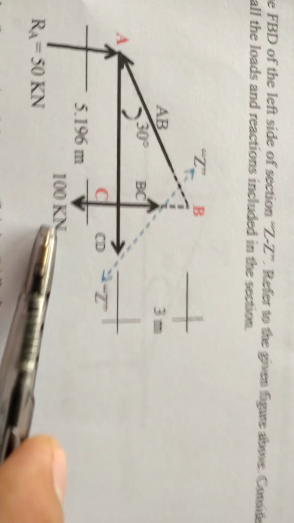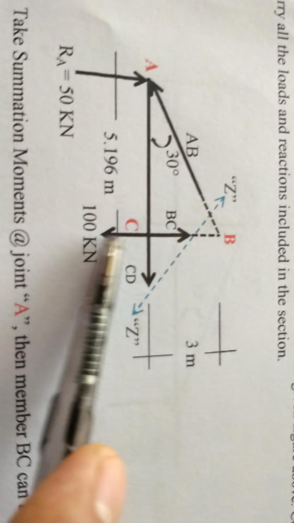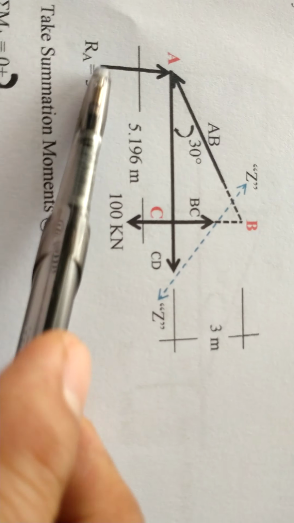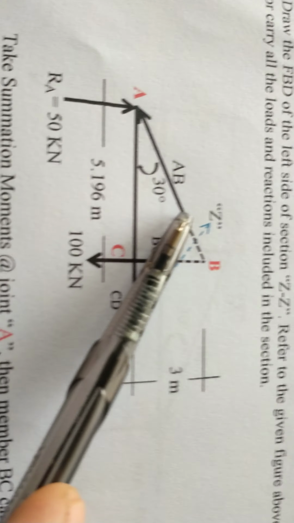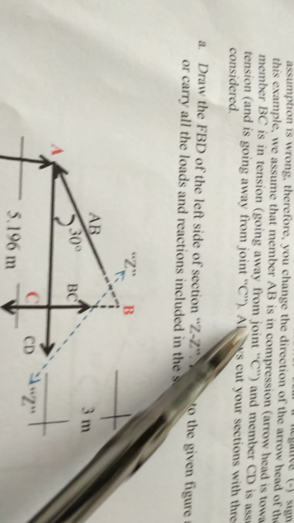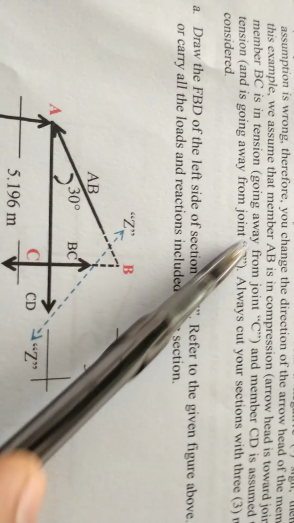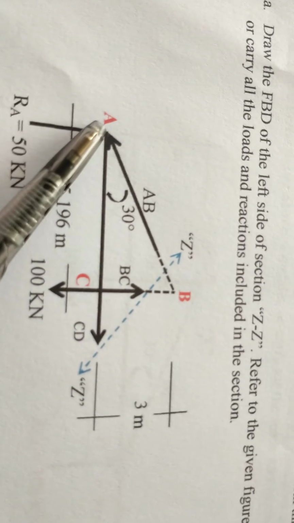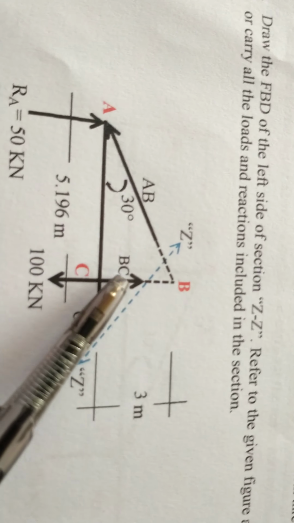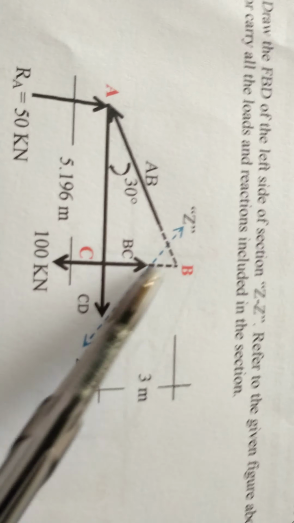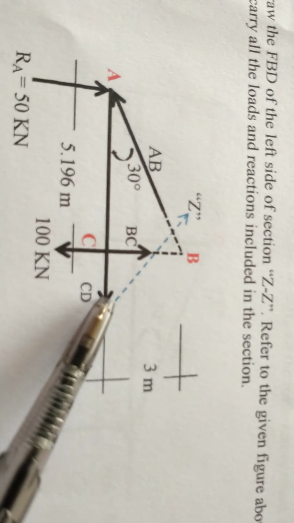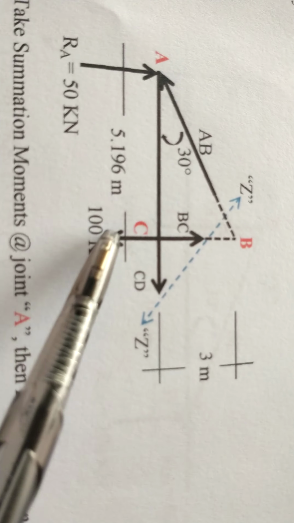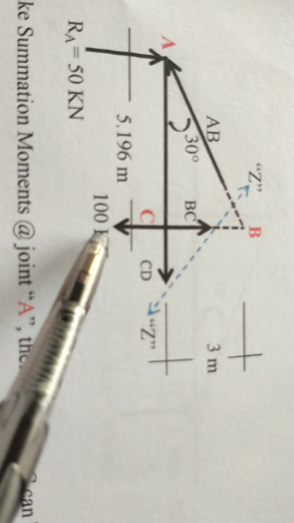As you can see, we have the 100 kilonewtons, which is originally an external load, and the computed value of RA, which is 50 kilonewtons, and we assume, as indicated here, AB is in compression, that's an assumption. BC, because it was cut, BC in tension, and CD is in tension.